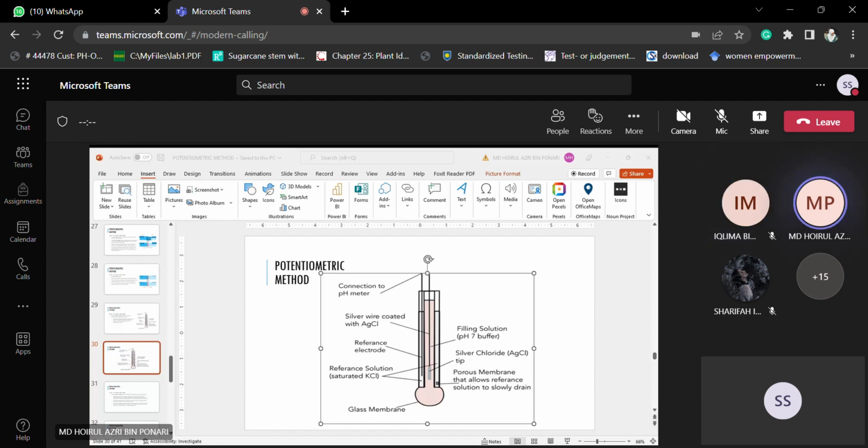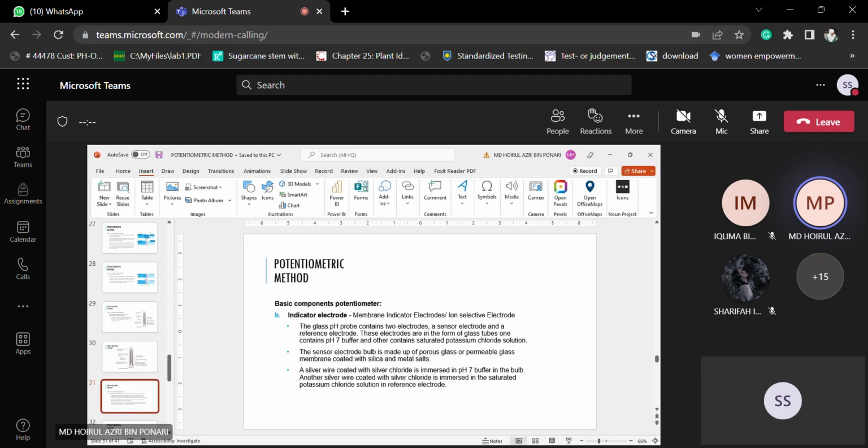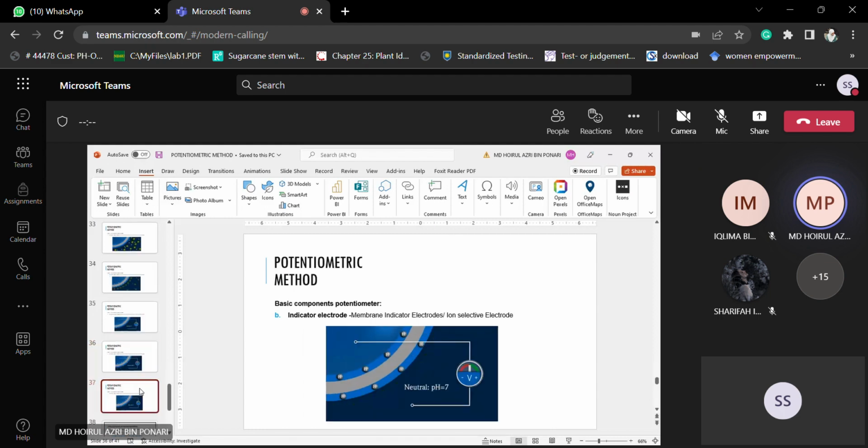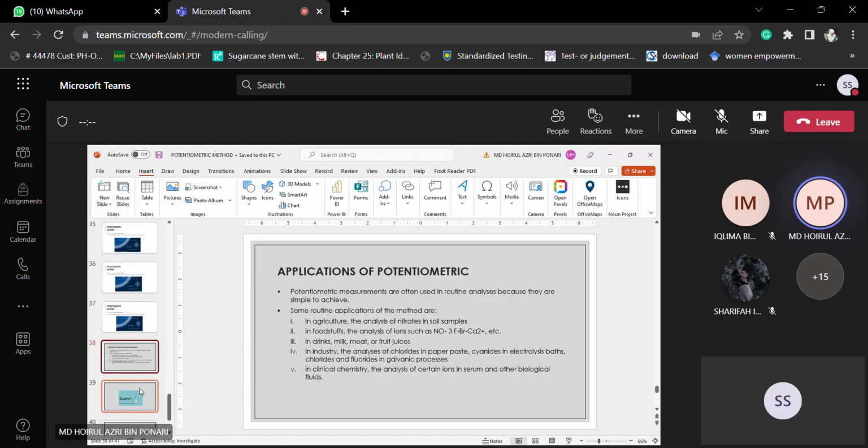EC meter, yes. Apart from the EC meter, we have... I also don't remember. Usually we only use those two, the EC meter and the pH meter. For example, in agriculture, to analyze nitrate in soil samples, that is the EC meter.